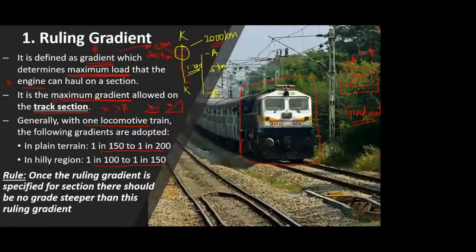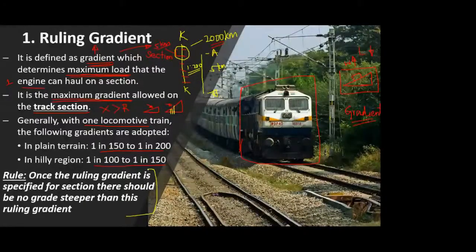More than 1 in 200 means the value of the horizontal goes on decreasing, and if the horizontal keeps decreasing while the vertical remains the same, that means your grade is becoming steeper and steeper. So that's the rule.